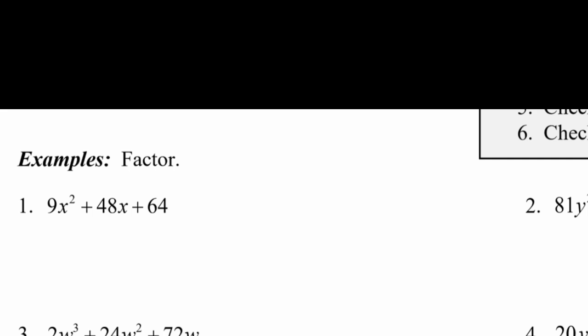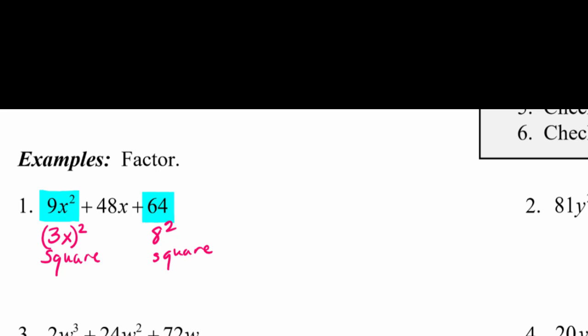Let's look at number 1 here. Notice that our first term, 9x squared, is a perfect square, and that our last term, 64, is also a perfect square. And what did we square to get 9x squared? We squared a 3x. So the first term is a square, and it's 3x squared. And then the last term, 64, is 8 squared. So that's also a square.